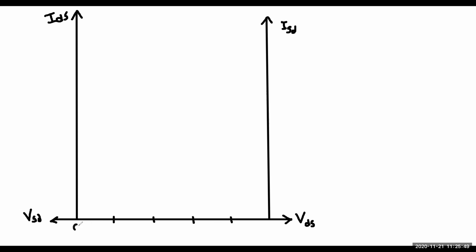This is your 0, this is 1, 2, 3, 4, this is 5. Next one will be 0, 1, 2, 3, 4. Here, which one is our output? VDS is our output or VSD is our output?